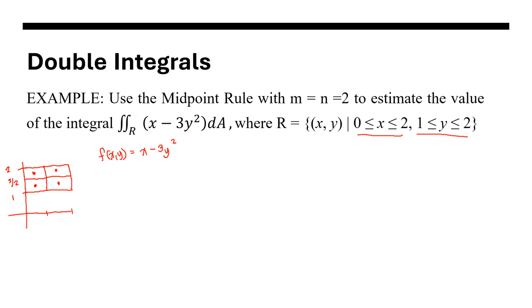The centers of the 4 subrectangles: our first midpoint x is 1/2, our second is 3 halves.